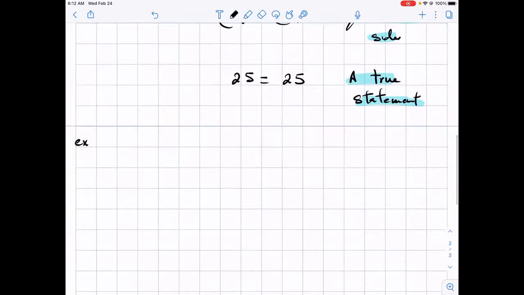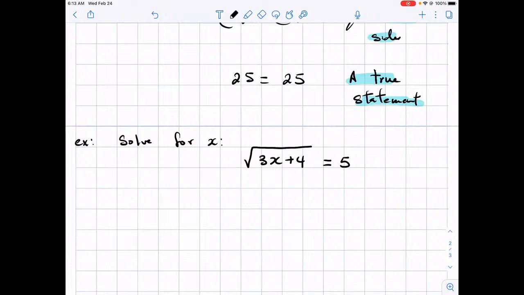Example: solve for x. We have the square root of 3x plus 4 equal to 5. What value of x would make this a true statement?